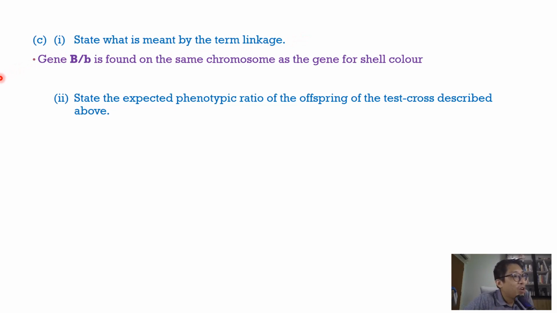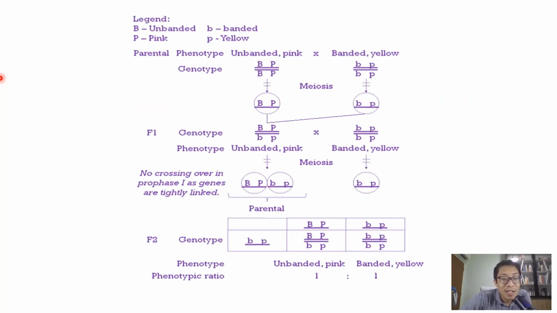Anyway, going to the next part, the expected phenotypic ratio for the offspring would be 1 unbanded pink to 1 banded yellow. Just to explain, this is the diagram that you would have drawn if you are asked to draw. The question states that gene B is tightly linked to the gene coding for color.